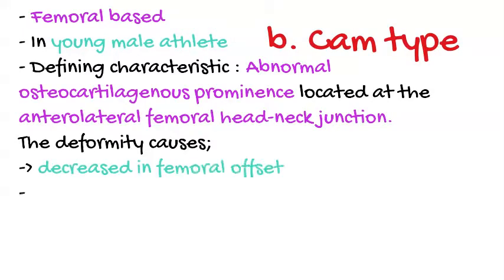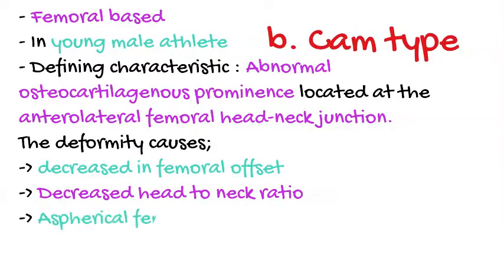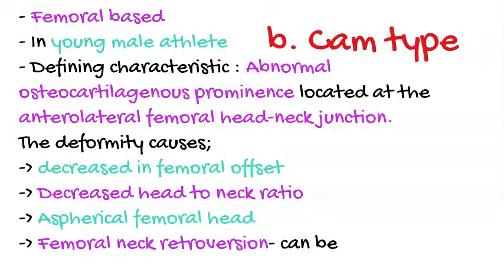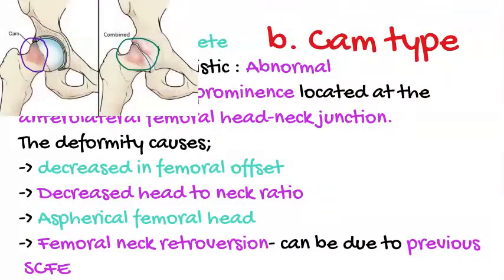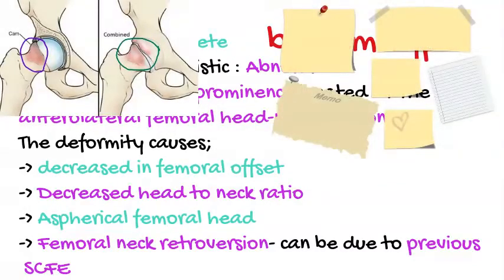The deformities cause a reduced femoral offset, a reduced head-to-neck ratio, an aspherical femoral head, and the presence of femoral neck retroversion. This can be due to a previous slipped capital femoral epiphysis, SCFE.